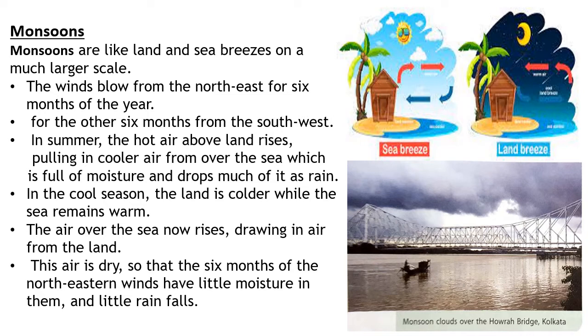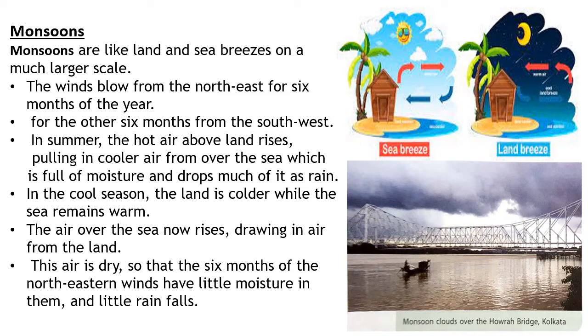That is why during the day the land heats up quickly, and the air present on the land rises up to the sky, and to compensate the difference of air between the sea and the land, the sea breeze moves towards the land, and this cycle goes on during the day.